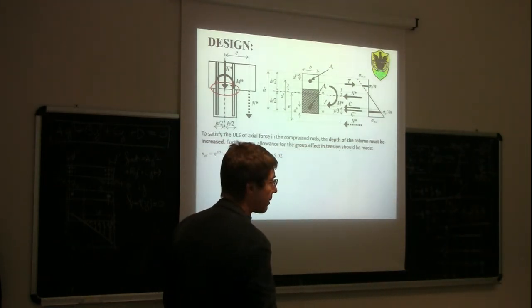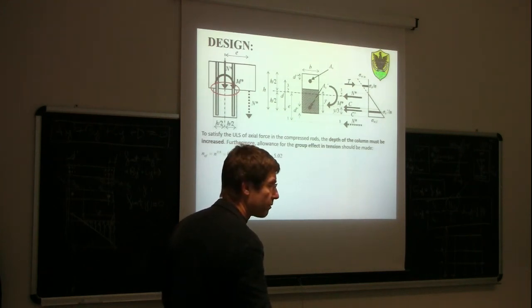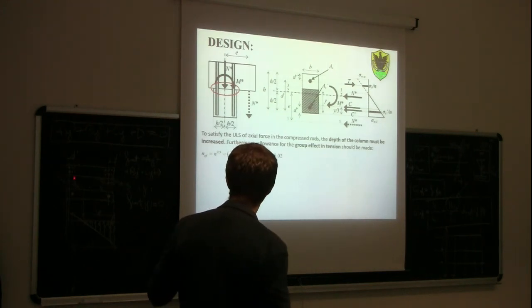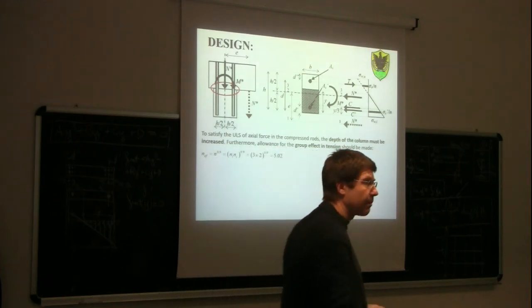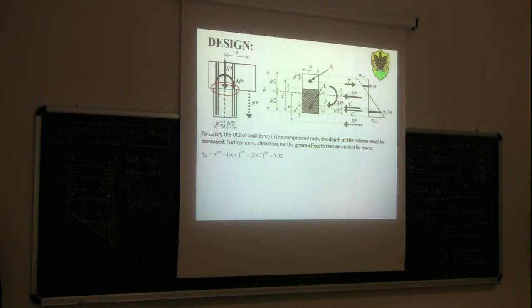So basically, if you have, for example, 6 rods, the load carrying capacity of those 6 rods is not 6 times the load carrying capacity of a single rod, but is 5 times the load carrying capacity of a single rod. So these 6 rods, when they work together, it's like having one less.